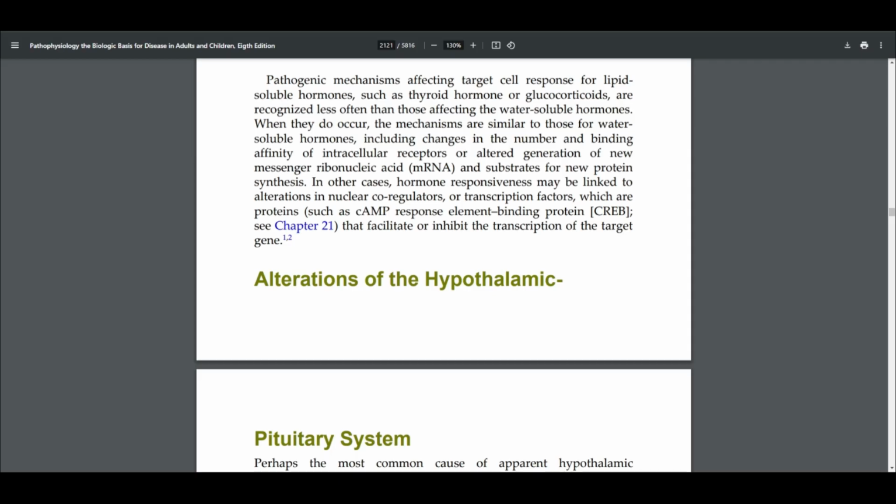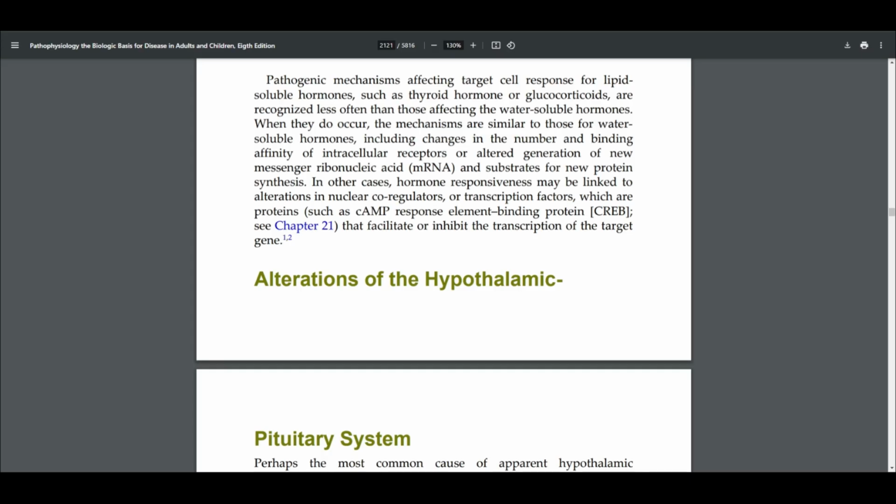Your pathogenic mechanisms affecting target cell response for lipid-soluble hormones, such as thyroid hormone or glucocorticoids, are recognized less often than those affecting the water-soluble hormones. When they do occur, the mechanisms are similar to those for water-soluble hormones, including changes in their number and binding affinity of intracellular receptor or altered generation of new messenger ribonucleic acid, your mRNA, and substrates for new protein synthesis.